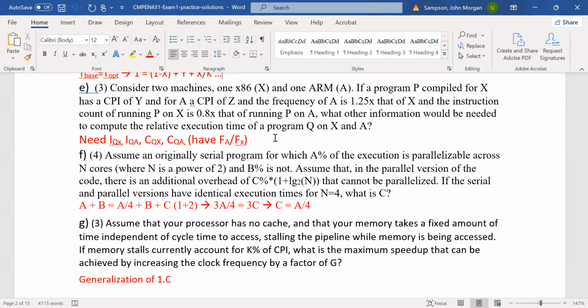So the important thing here is that all these stats, other than the frequency, have everything to do with P and not the hardware. The only thing we learned about the hardware was this. Everything else is a function of the program you were actually running. So if I measure how fast Angry Birds runs on your phone, and I want to learn from that how quickly you are going to be able to run ChatGPT, the answer is, I have no idea.